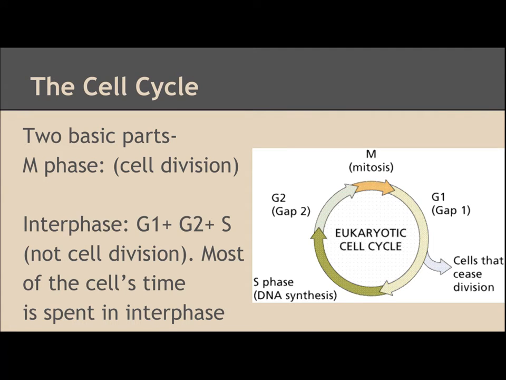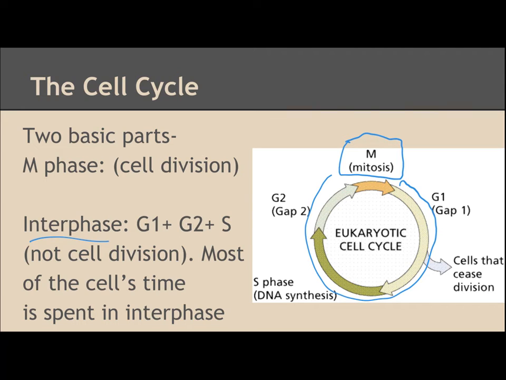So now the cell cycle, we see it drawn in a circle, kind of representing time going by. So we could divide this into two basic parts. The M phase is mitosis, which is the actual dividing part. And all of the rest of it, so all of this, can be referred to as interphase, which is the part where it's not actually dividing.